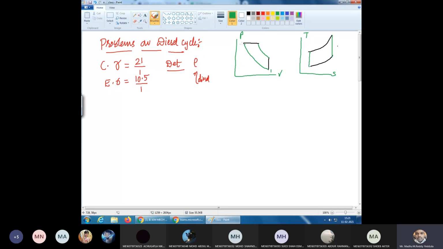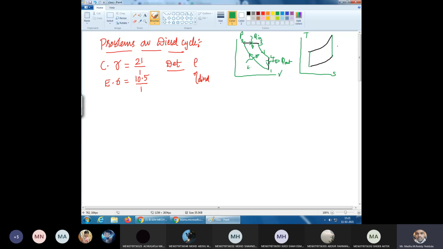So 1 to 2 is isentropic compression, 2 to 3 constant pressure heat addition, 3 to 4 expansion, 4 to 1 constant volume heat rejection. This is Q out, this is Q in.